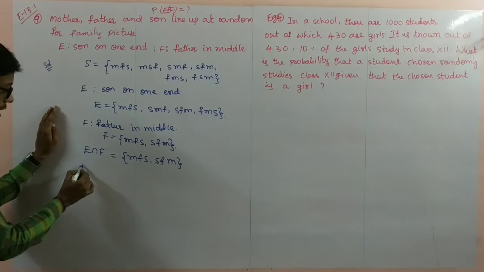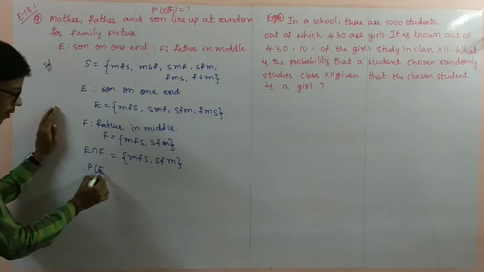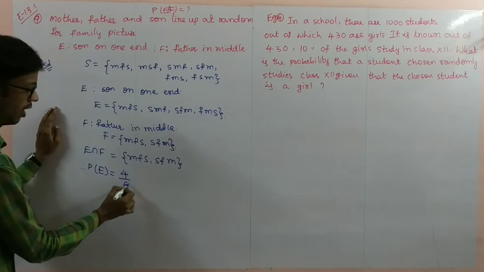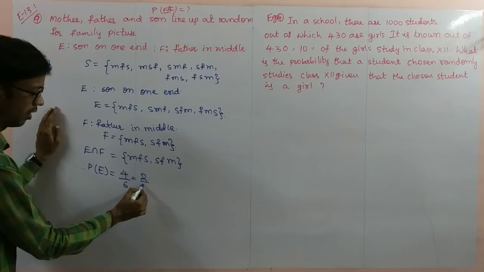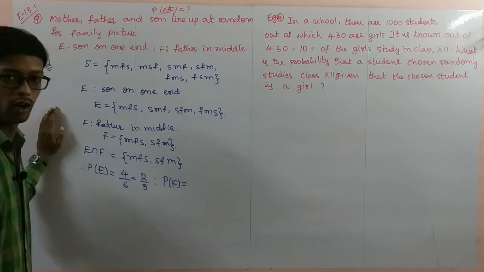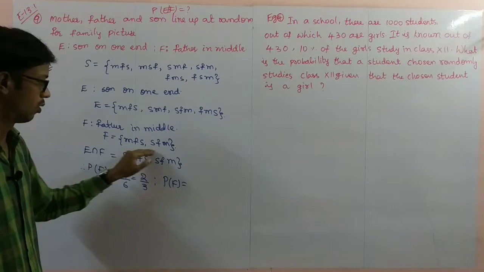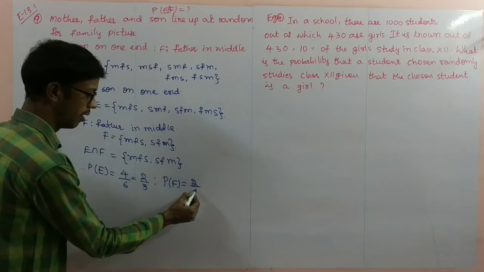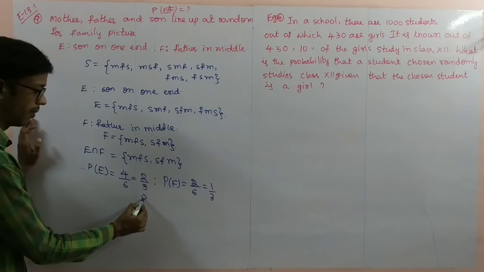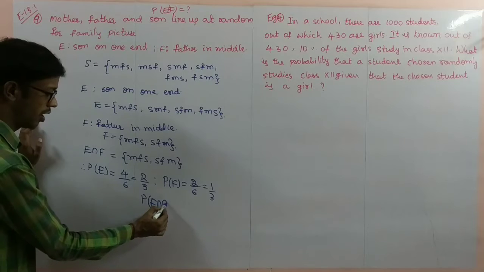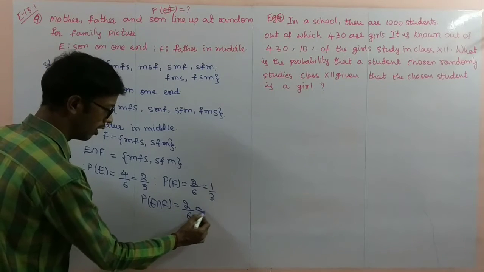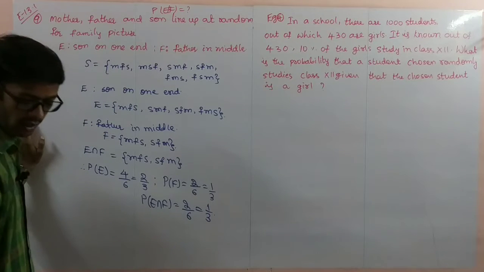Now I'll write the probabilities. Probability of E is 4 elements by total elements 6, so we can write 2 by 3. Next, probability of F is 2 elements by total elements 6, so 1 by 3. Probability of E intersection F is 2 by 6, that is also 1 by 3.